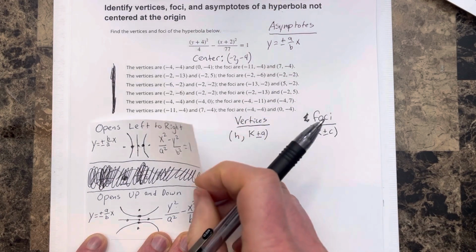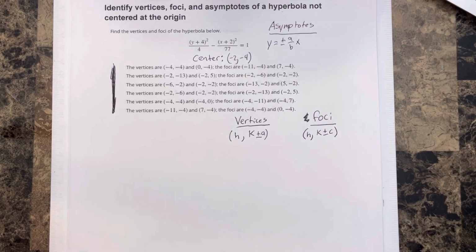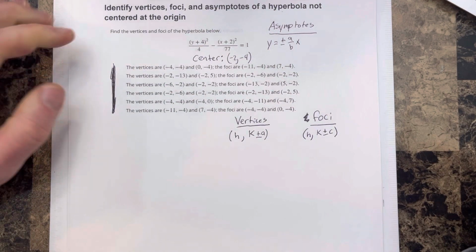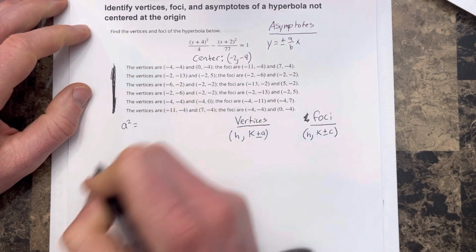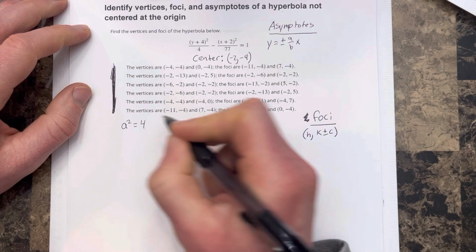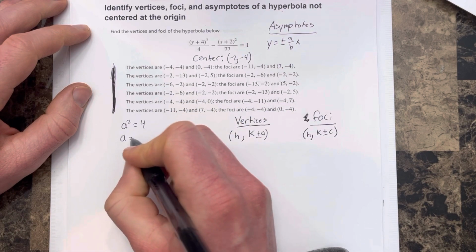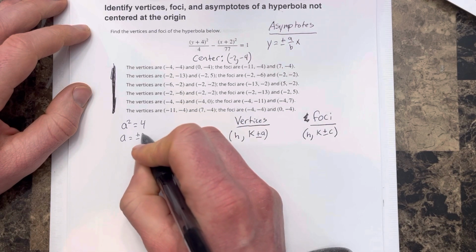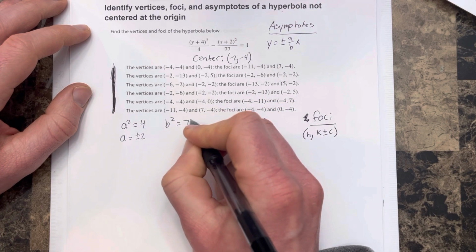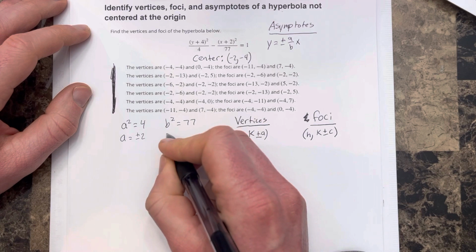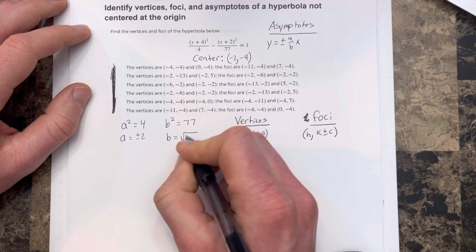So now we have enough information written down to find the foci, asymptotes, and the vertices. So let's go ahead and start pulling things out. A squared is equal to 4. So that means a is equal to plus minus 2 if I square root each side. B squared is equal to 77. And if I square root that, b is equal to root 77.